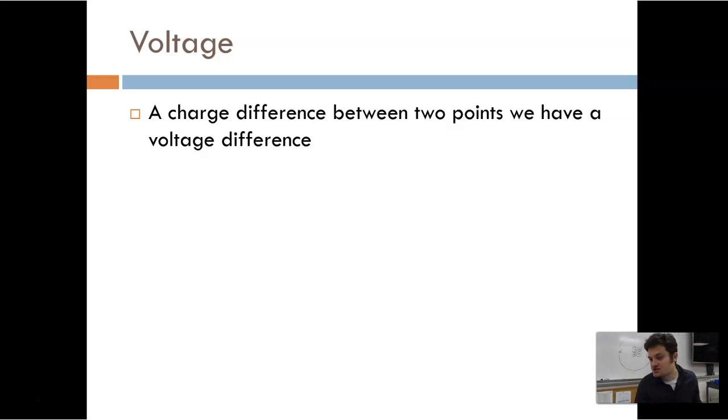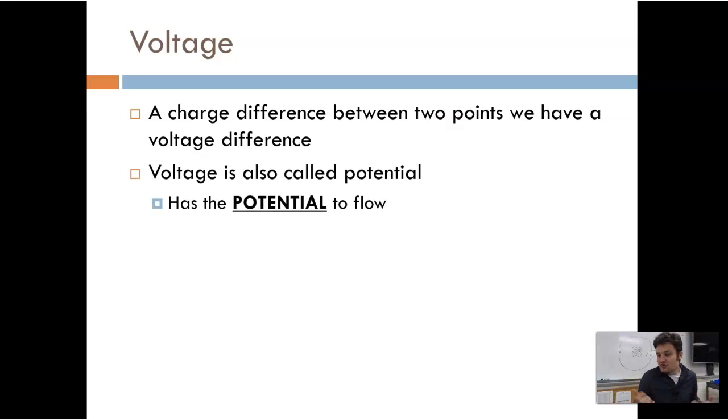And when we have this charge difference, it's the same thing as having a ball on top of a hill versus that ball being on the bottom. It's going to have a difference between the two in height, and so there's a potential for it to flow. Because of that, we also call voltage potential. All right? Because it has the potential for those electrons to go somewhere else.